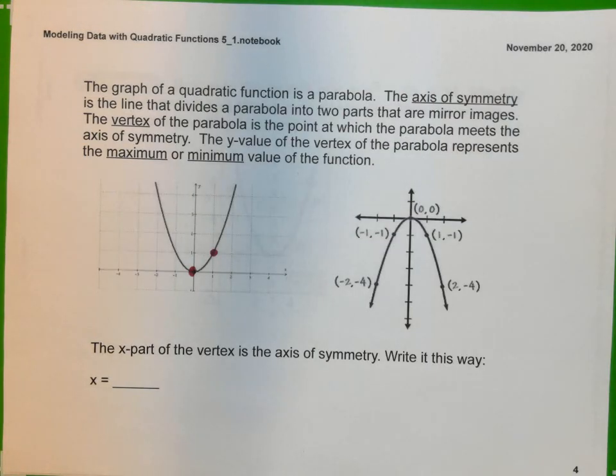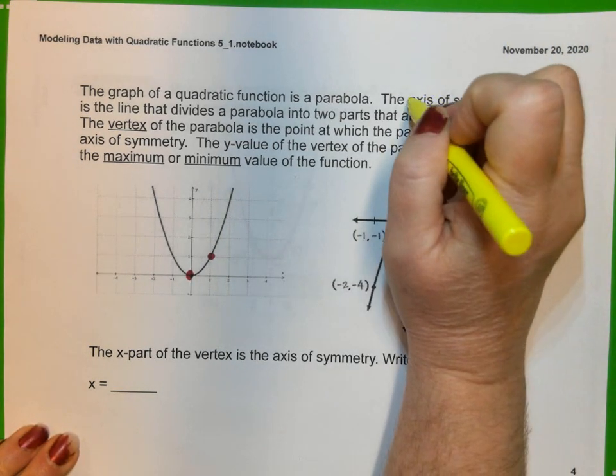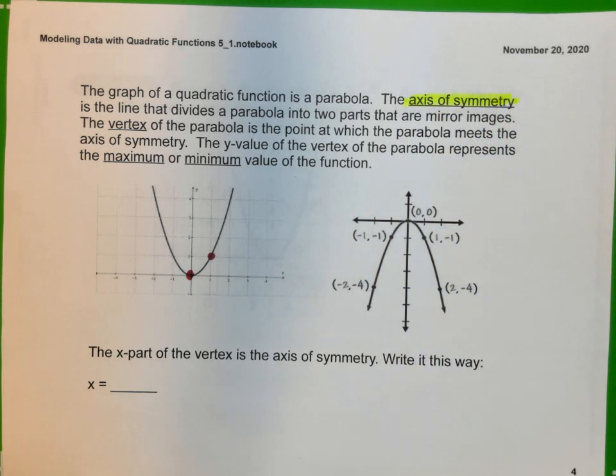All right, so the graph of a quadratic function is a parabola. The axis of symmetry is the line that divides the parabola into two parts that are mirror images. It's kind of like the folding line when you used to cut out paper hearts in grade school. It's the line that you folded it on, and then both halves look the same.